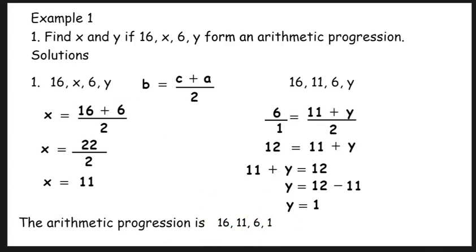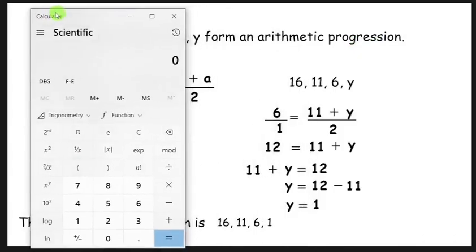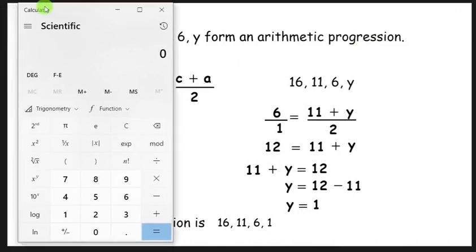Let's prove this. So we are saying the common difference is the same, because if we get the difference between 16 and 11, 16 minus 11 is what? 5. Let's find again the difference between 11 and 6. 11 minus 6, what are we getting? 5 again.